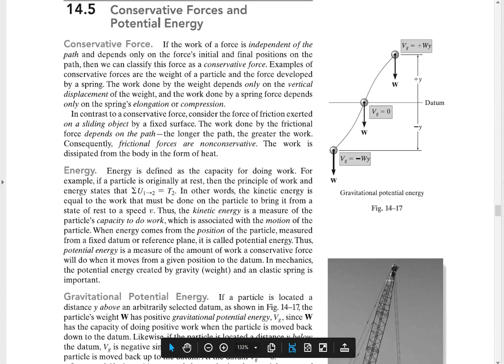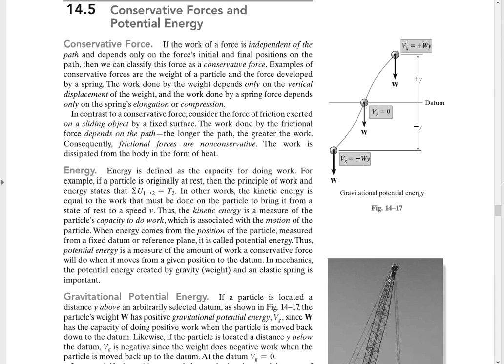All right, section 14.5. This is on conservative forces and potential energy. Okay, so the conservative forces are those that we discussed two so far. There's the gravitational force, and there are the elastic spring forces. Those are called conservative because the work done depends only on the initial and final position.